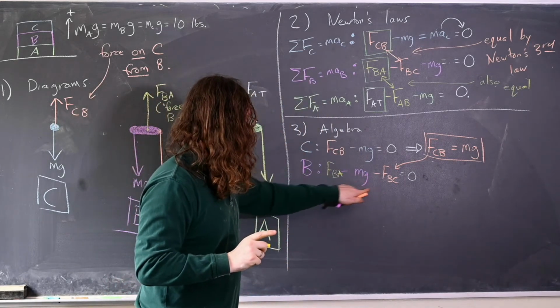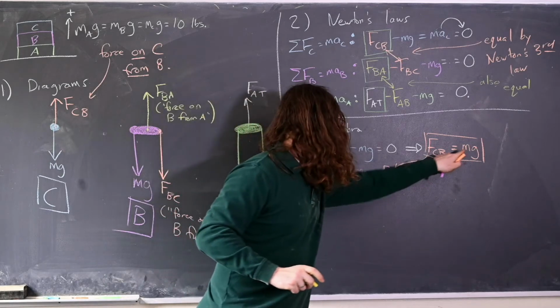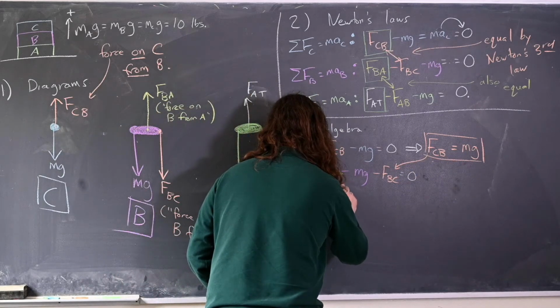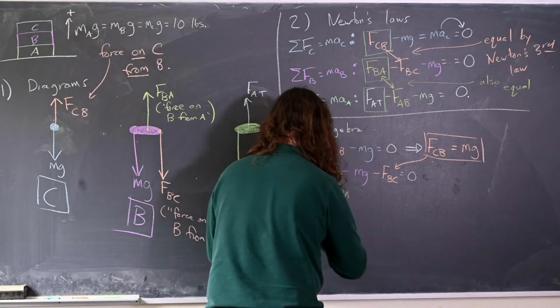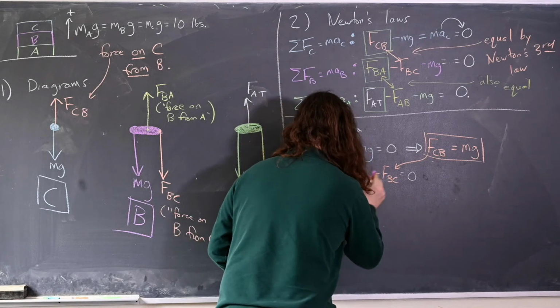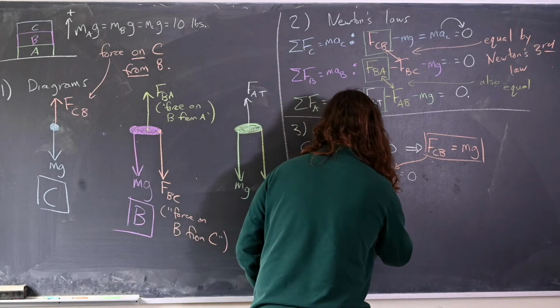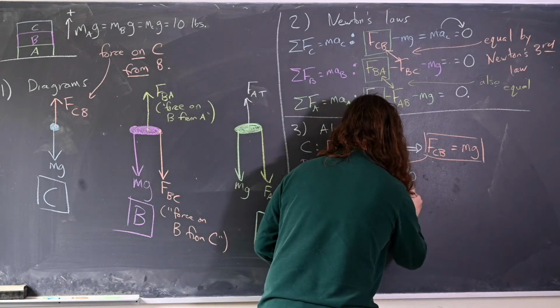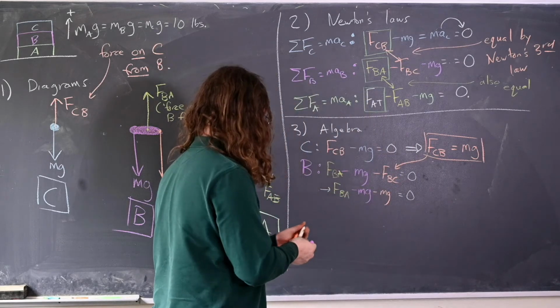So let me just copy this down one more time. I'm going to put mg in for that. So I have FBA minus mg minus another mg equals 0.